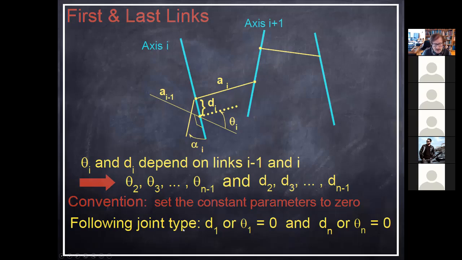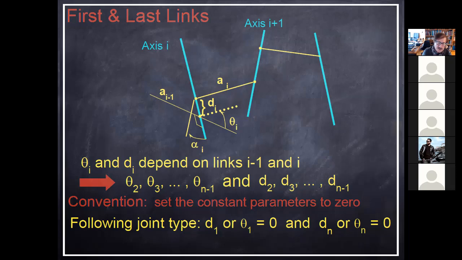So following the joint type, either d or theta is going to be 0. They cannot be non-zero together, or they cannot be 0 together either. If they are 0 together, that means there is no joint. If they are both non-zero, that means it should be a joint which behaves both like a prismatic joint and a revolute joint, and such joints do not exist.